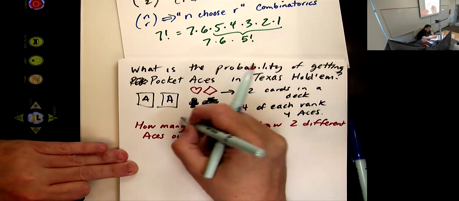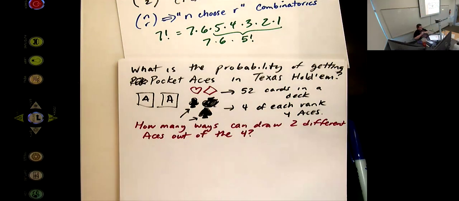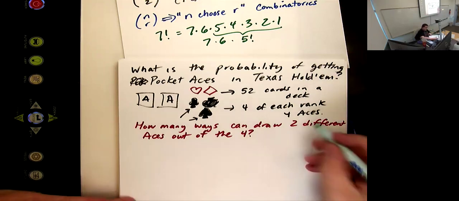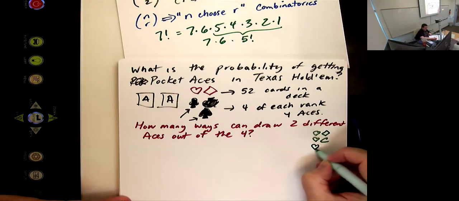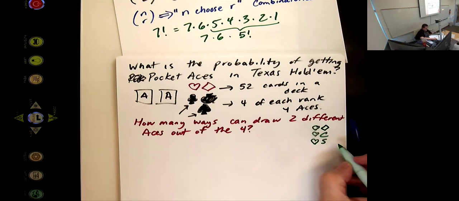Spades and clubs. So 4 suits, each different, so like the ace of hearts and the ace of diamonds is one combination. We can go through and write them out. In fact, I'll do that real quick. We could have heart diamond, heart club, heart spade, because the black ones are a little bit more work to draw.